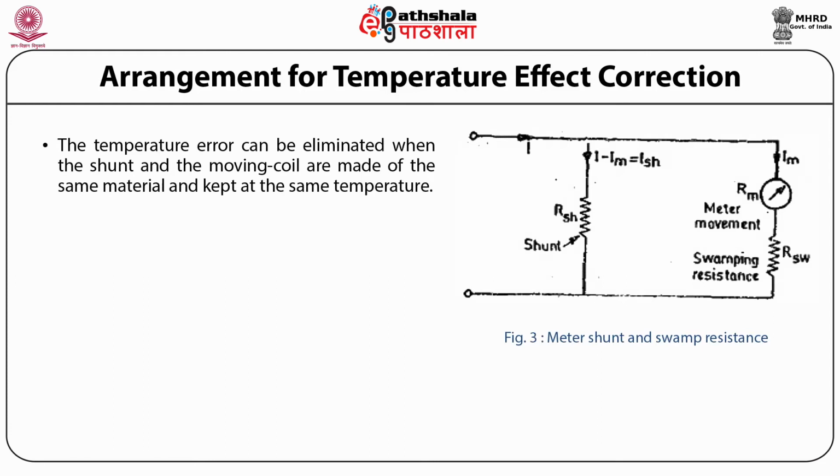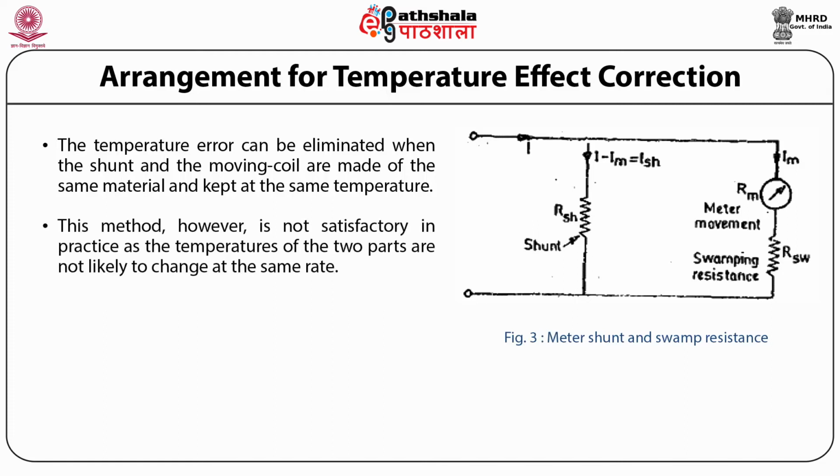The temperature error can be eliminated when the shunt and the moving coil are made of the same material and kept at the same temperature. This method, however, is not satisfactory in practice, as the temperatures of the two parts are not likely to change at the same rate.